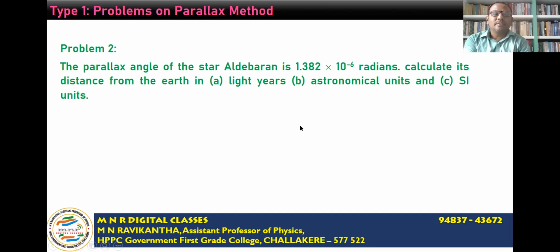The second problem is: the parallax angle of the star Aldebaran is 1.382 × 10^-6 radians. Calculate the distance from the Earth in A, light years, B, astronomical units, and C, in SI units.